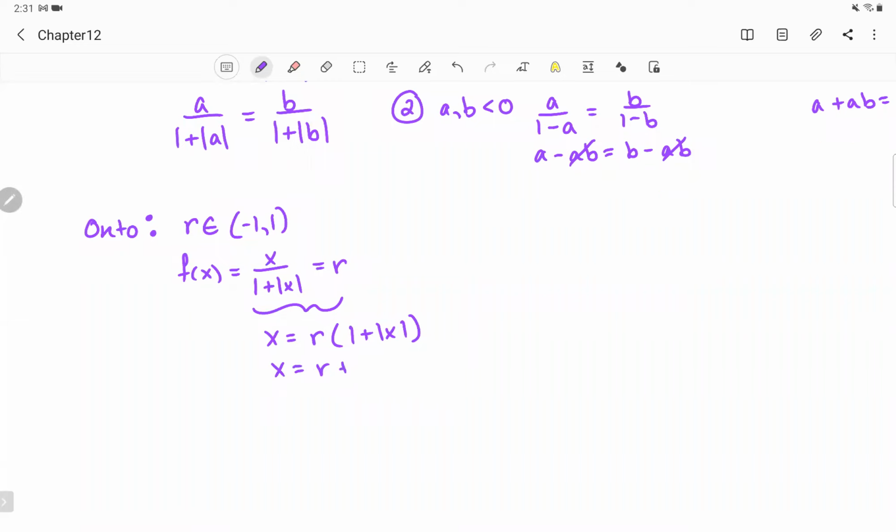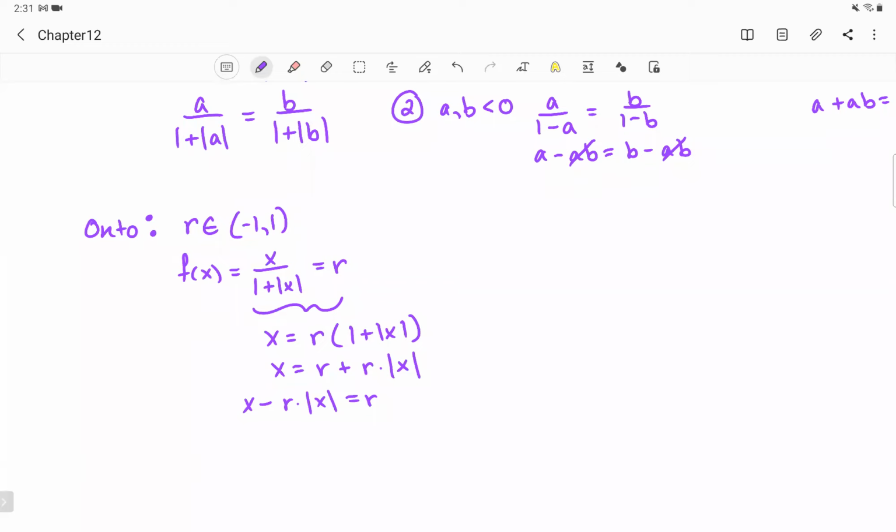Let's distribute the r. My goal here is to get all the x's together and solve for a single x. That absolute value is in the way. I can subtract r times absolute value of x over here, but I can't factor an x out till I know what that absolute value is, whether it's x or negative x.